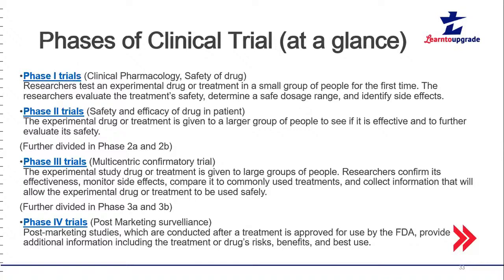So if we still want to bifurcate phase 2 into two parts, we can say 2A is mainly to identify the dosing requirement or the best dose for a particular diseased individual. 2B is when we are giving that particular best dose to see the efficacy.